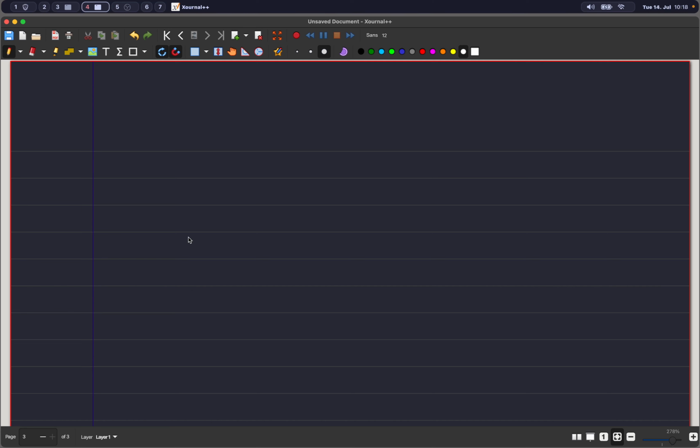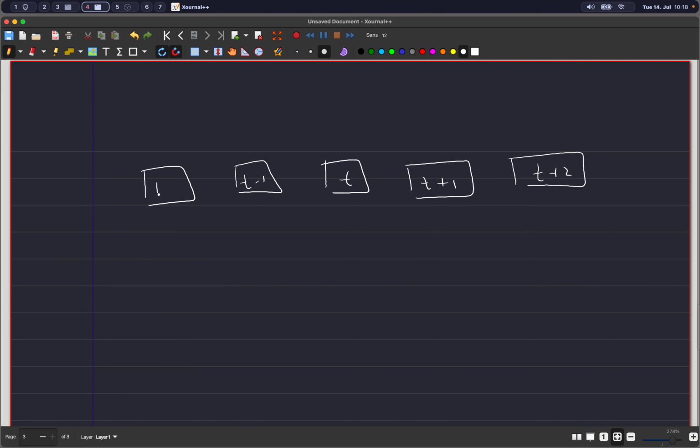Let's first look at what we mean by outside word and center word. Let's say we have a word T, and these are the neighboring words T plus 1, T plus 2, and T minus 1, T minus 2 as well. This is a window, and suppose this is our center word.